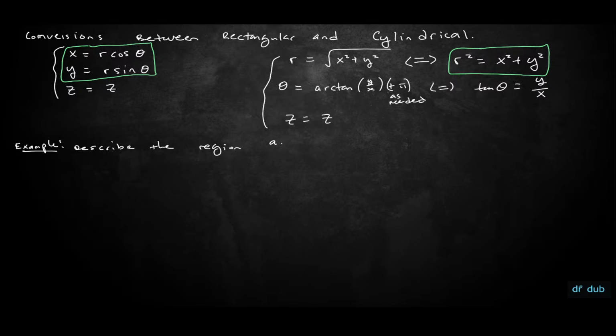The first one is r equals 4. The second one is theta equals pi over 3 with r greater than 0.